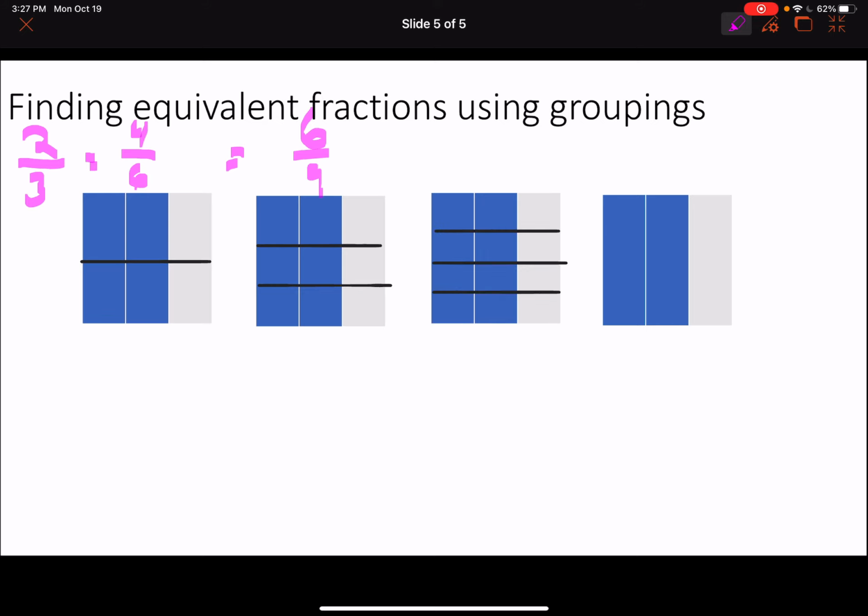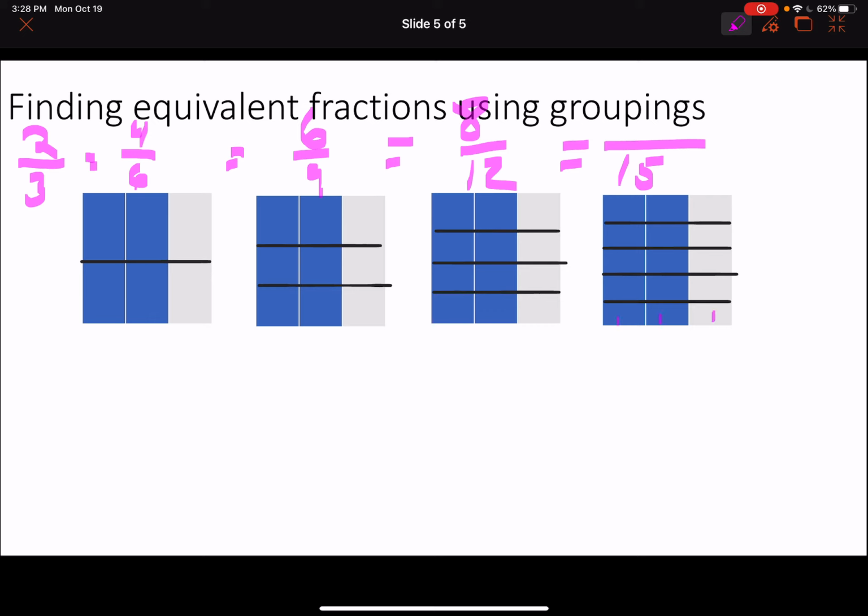I have taken that same fraction, and now I have 4, 8, 12 pieces, and I have 4, 8 pieces shaded. Those are still equivalent. And the last one is divided into 15 pieces: 5, 10, 15. Now I have 5, 10 shaded. So these are all equivalent fractions.